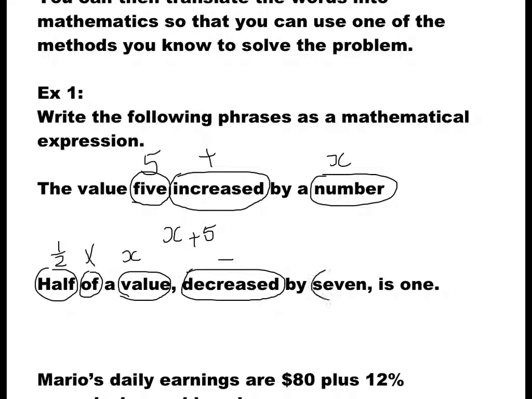And 7 is just 7, and is 1 means it's equal to 1. So I'm going to write half of a number decreased by 7 is equal to 1. You can either stop here, as the problem doesn't ask you to find a value, but you can go ahead and use your prior knowledge from grade 9 and solve this one for x.